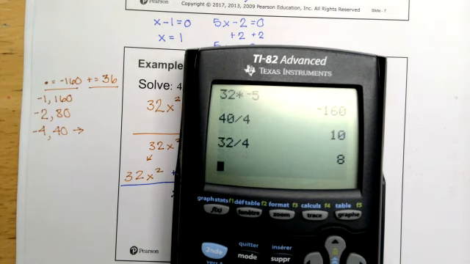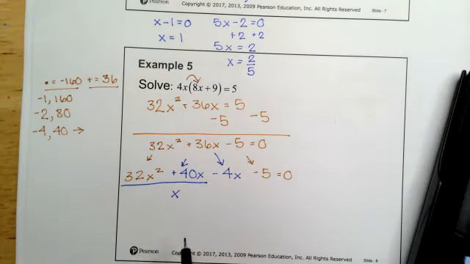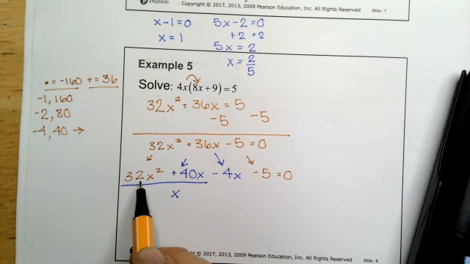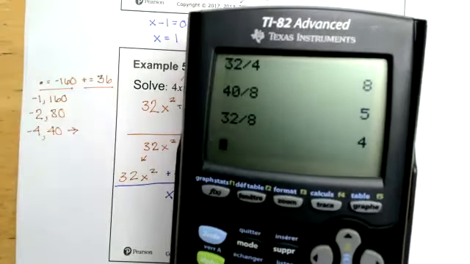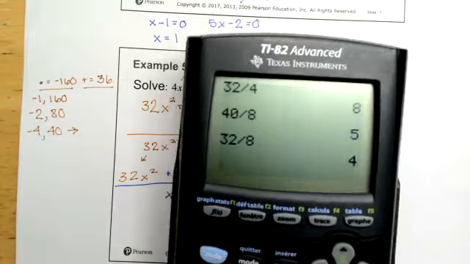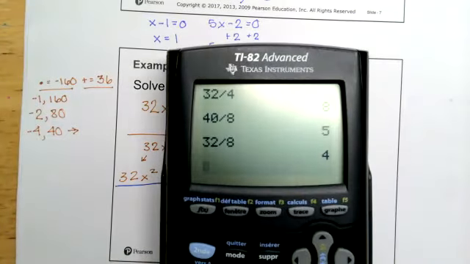Can I take 40 and divide it by 8? Can I take 32 and divide it by 8? What I tend to do, if they're both even numbers, I think, okay, I can divide them by 2. What's 2 times 2? It's 4. Can I divide them by 4? Can I divide them by 8? What's 8 times 2? 16, right? So we're just trying to go up in the even numbers to see the highest number I can divide both 32 and 40 by.